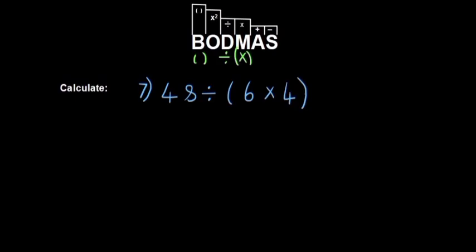So even though division and multiplication are same level operations, we're not gonna work from left to right this time. That's because brackets are the highest level operation. So we have to multiply first, because multiplication is inside the bracket.